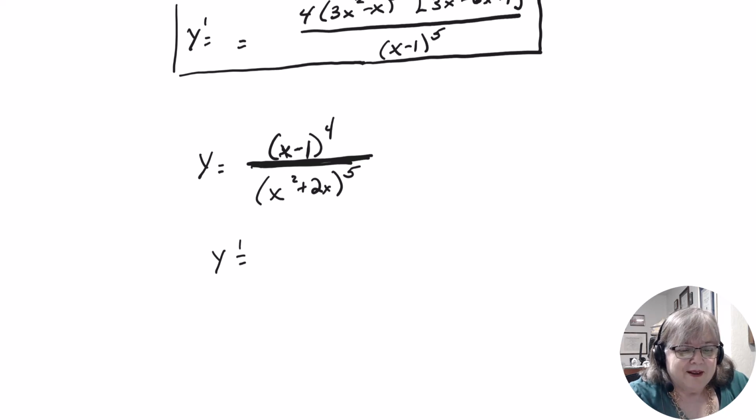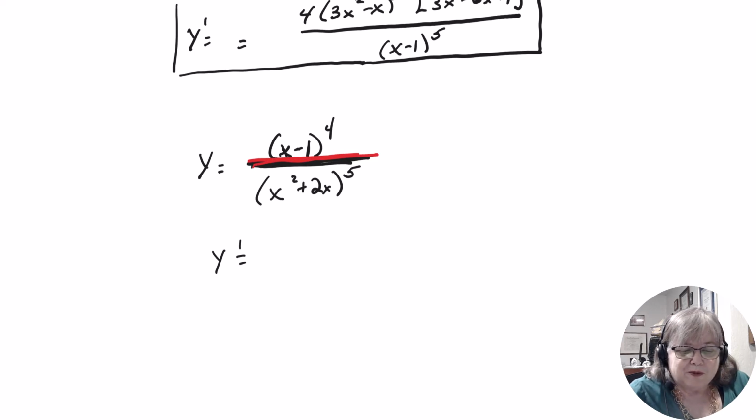Okay? Think of it as working your way out. You have the x − 1. You work your way out to the power. You work your way out to include the denominator. So the outermost part is the quotient rule.